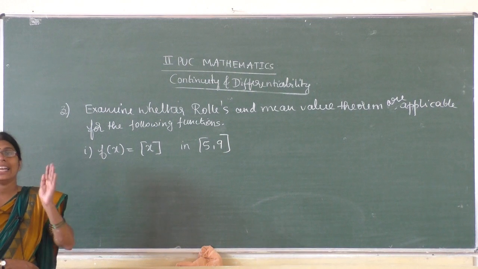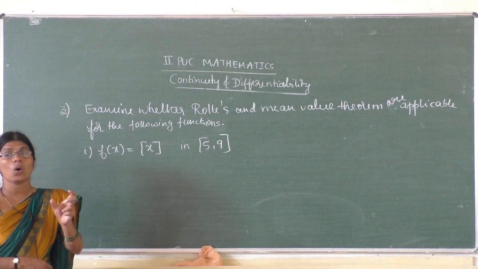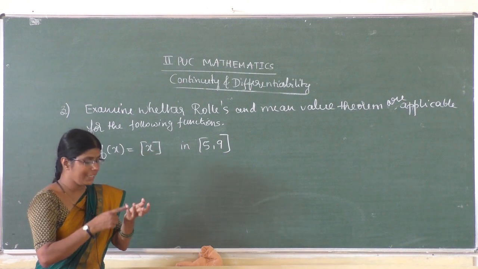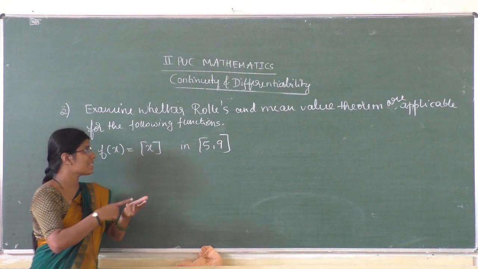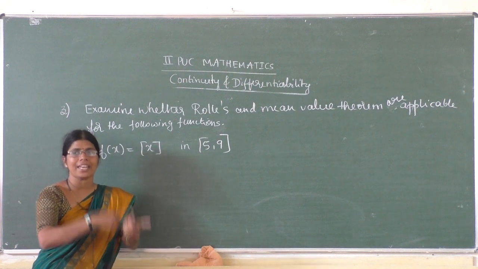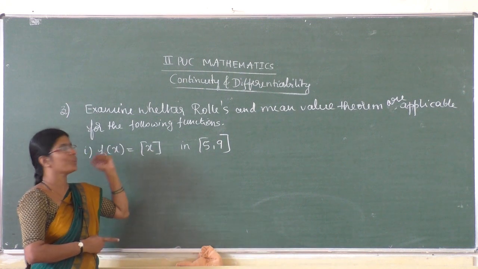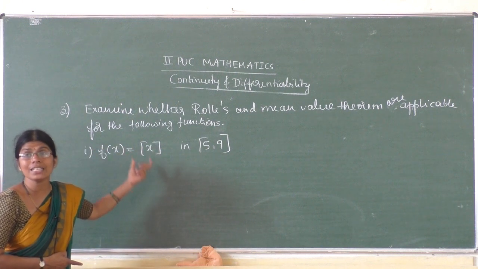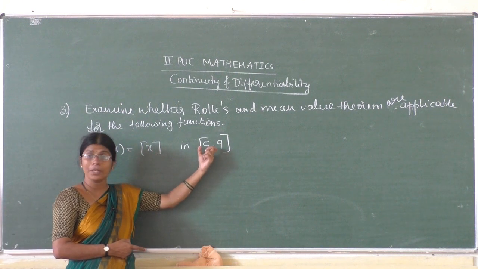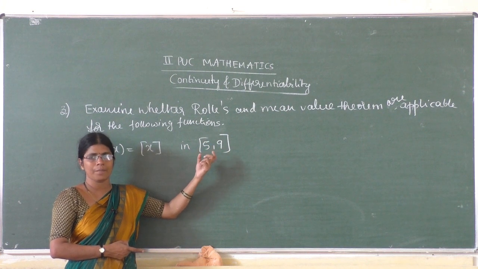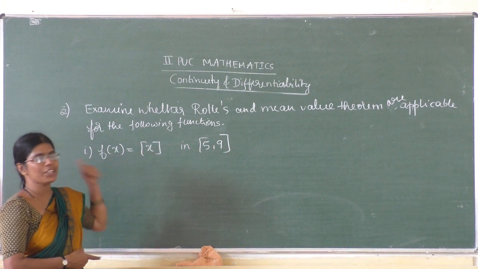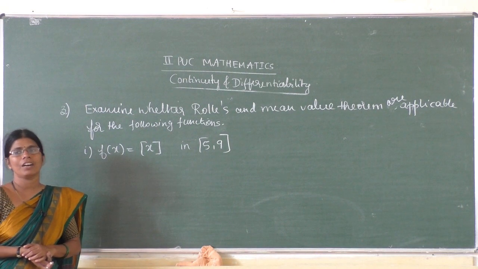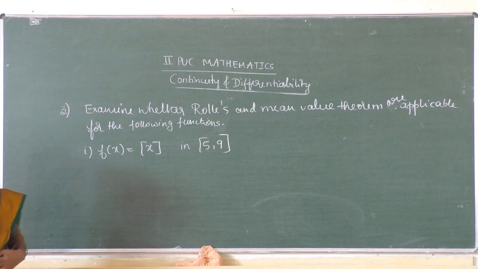We know that it is not continuous at all integral points. So this function is not continuous at x equal to 5, 6, 7, 8, 9. So the first condition fails. So Rolle's theorem is not applicable. Similarly, mean value theorem is not applicable.